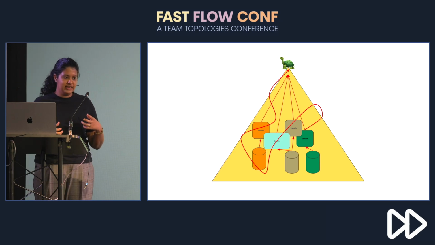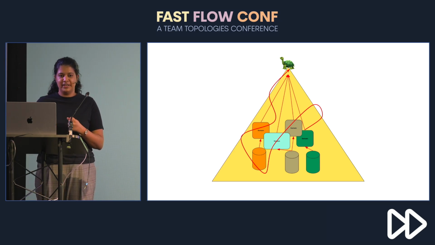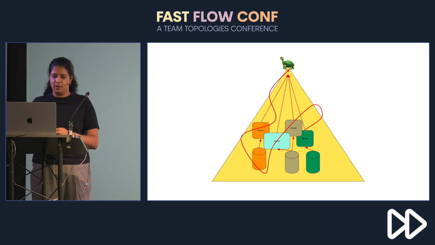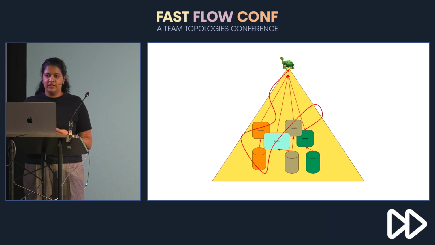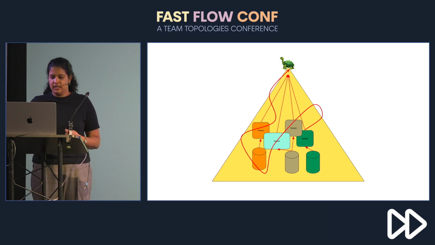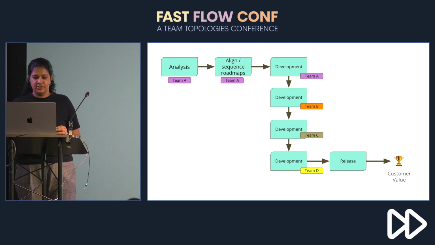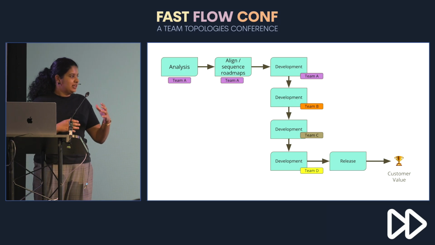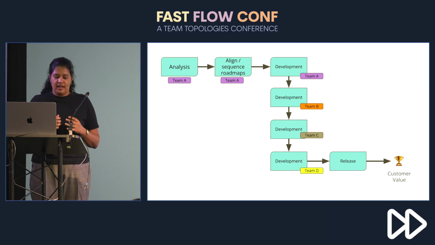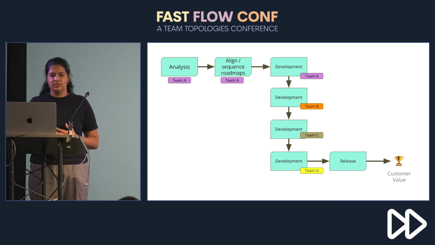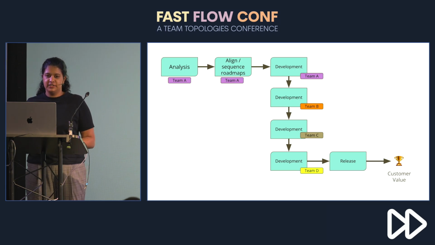And of course, different teams are incentivized to varying extent to solve this problem. But the system itself doesn't allow for it to be solved in an efficient way. So if we were to plot the development value stream for making such a change, it would look something like this. The team that owns that customer value would do some analysis, probably talk to the other teams to figure out what needs to change.